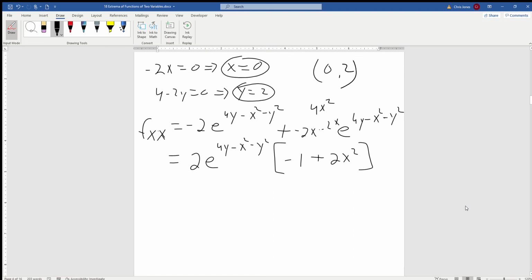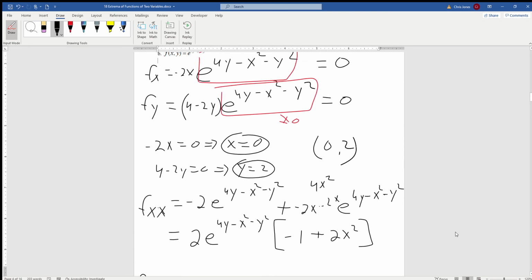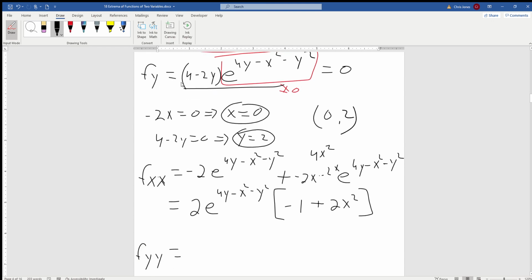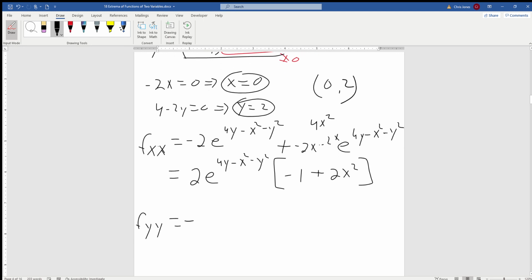Now we still have to take care of fyy. And fyy is another product rule. Very similar to the previous, we're just going to have basically a duplicate of this term, except it's going to be squared. So the derivative of this 4 minus 2y with respect to y is negative 2. So we have a negative 2e to the 4y minus x squared minus y squared.